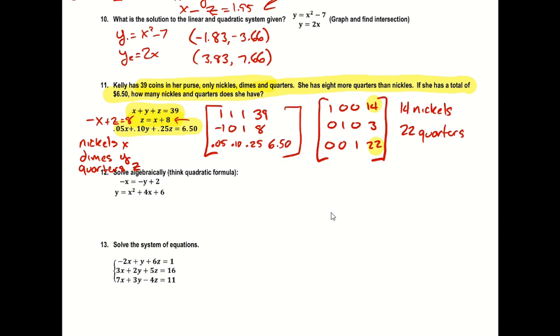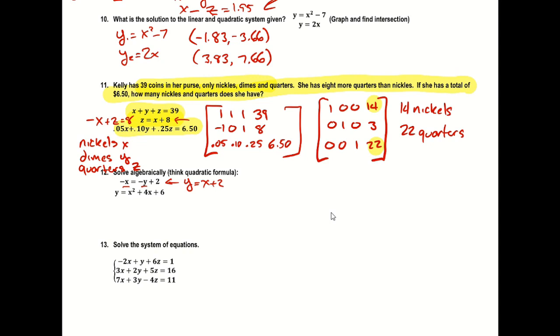Number 12, solve algebraically, think quadratic formula. So quadratic formula, we need to get rid of our y. So we're going to take this first equation and we're going to rewrite it as y equals x plus 2. And all I did was I added x to both sides and added y to both sides.